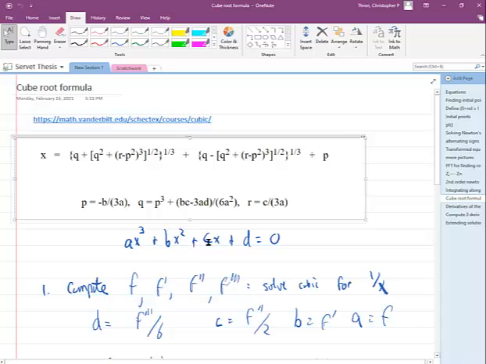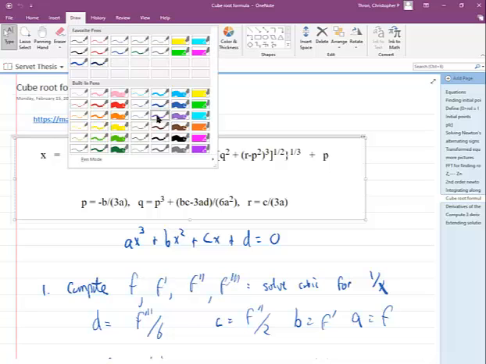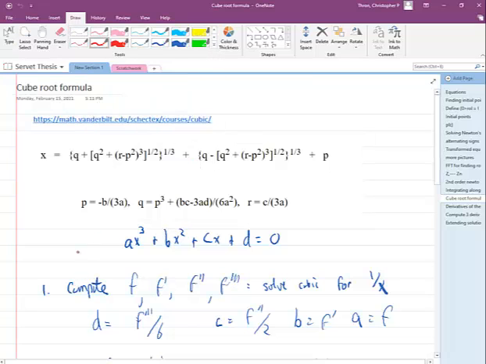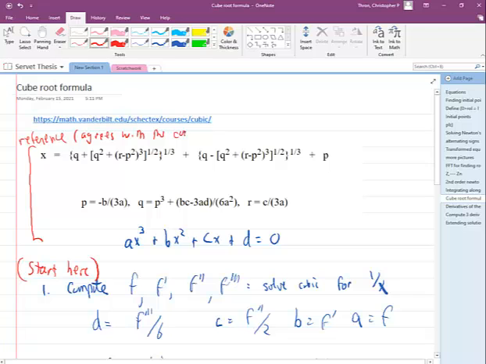So why don't I just say we want to start here? This is just reference, and this agrees with the code. But in your write-up, you should start here. Actually, this part we don't even need. I'll just take this out.